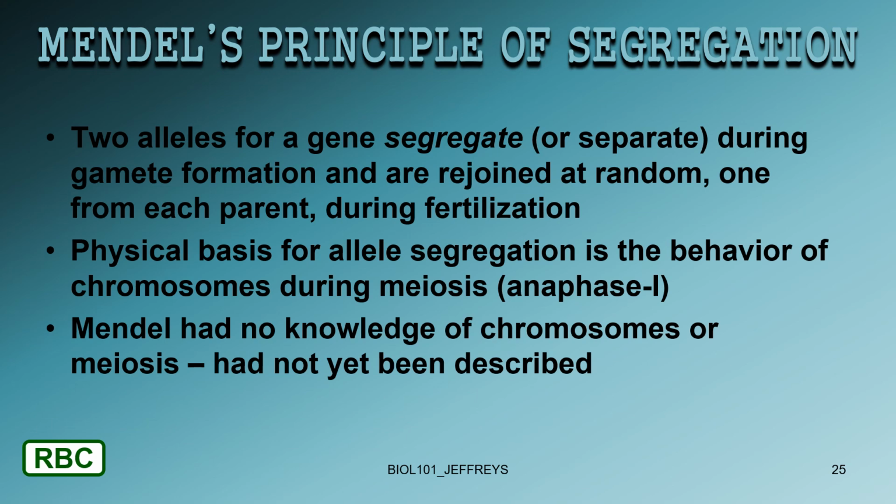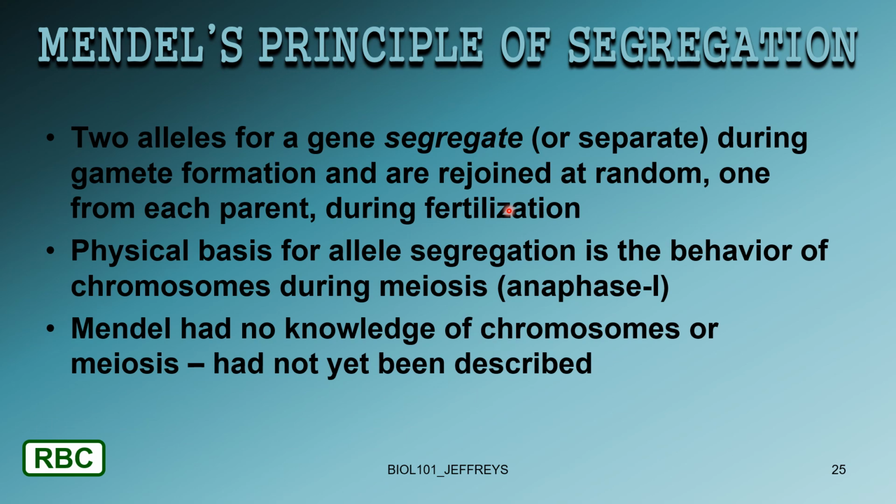Now, the two alleles for a gene segregate, or separate, during gamete formation, as you know already, and are joined at random, one from each parent, during fertilization. So we have segregation and random mixing.